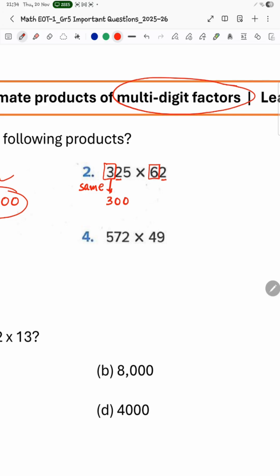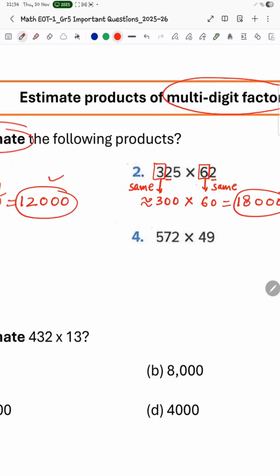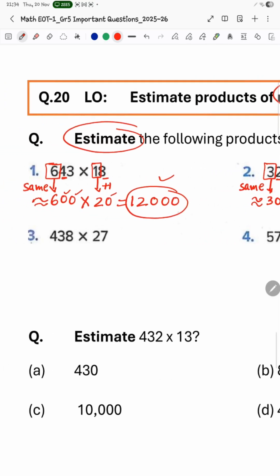The second digit is not good, so it will again remain the same. So that is 6 and 0. Multiply together, you will get, first I will put 3 zeros and then 6 times 3, 18. So 18,000 will be my estimate of this multiplication. Come to question 3.